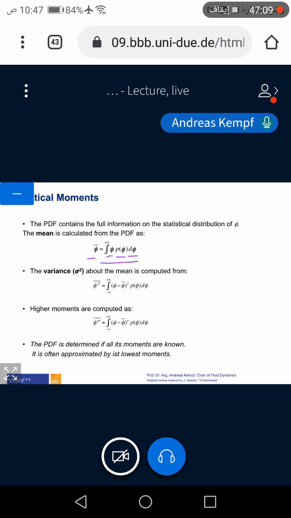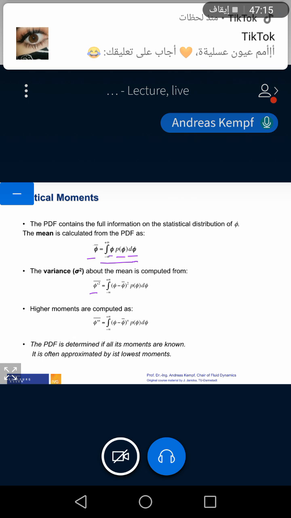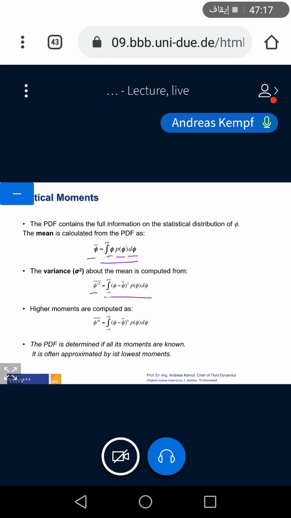Same thing happens for the variance, or the square of the standard deviation, because this can be computed as the mean of phi prime squared, where phi prime is phi minus the mean. This is the variance. It's the mean value of the square of the fluctuation or deviation from the mean value. And this can be calculated the following way. So consider this also as a definition for the variance.